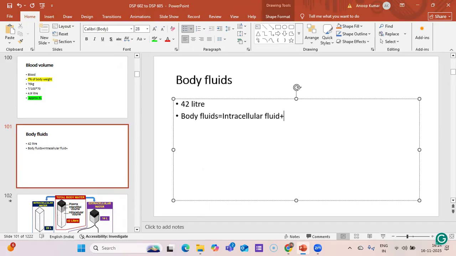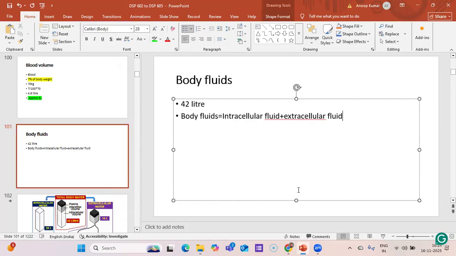And the fluid which is outside the cells, we call extracellular fluid. Extra means outside the cells. Intra means inside the cells. So total body fluid is the summation of both intracellular and extracellular fluid, and combined it is 42 liters.